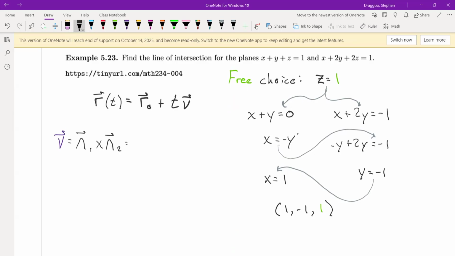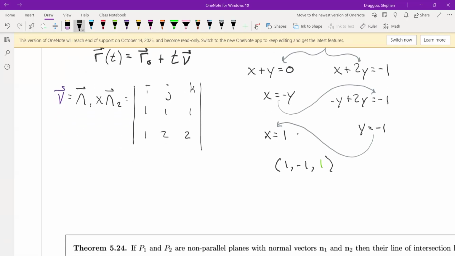And a cross product, if we write it out, i, j, k, crossing our two normal vectors, which are 1, 1, 1 and 1, 2, 2. Put all of it together to find something.